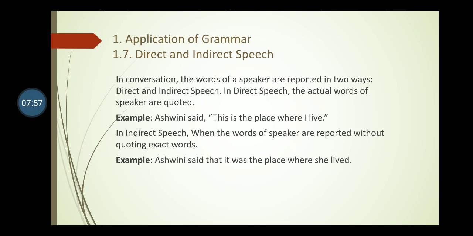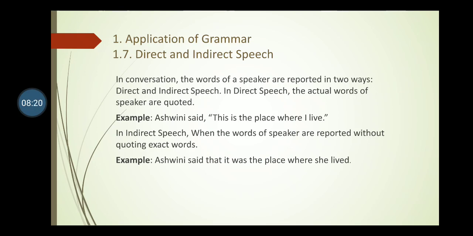Reported speech means the first person's message should be transmitted, shared by the second person to the third person. There are two types: one is called direct speech, using inverted commas, and the second is called indirect speech, without inverted commas. There are two parts in direct and indirect, reporting verb and reported speech.